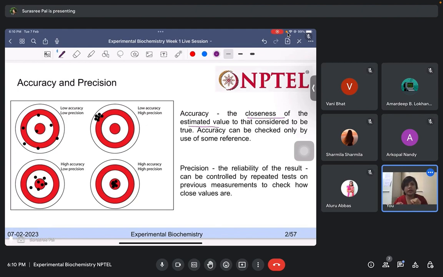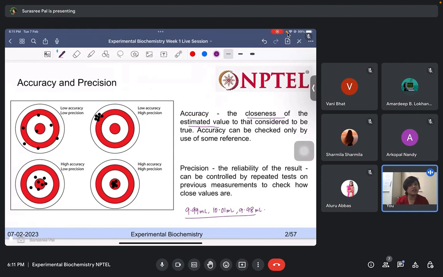So we will observe 3 different values in 3 different experiments. Suppose the measurements are 9.99 ml, 10.01 ml and 9.98 ml. This is one set of values that we observe.